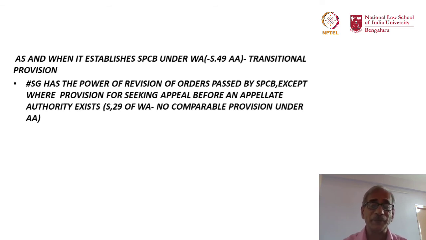We will see later as to what those circumstances are. But there are certain circumstances where the order passed by the State Pollution Control Board is appealable. And there is an appellate authority created there. So if there is a scope for appeal, the state government has no power of revising the order of State Pollution Control Board. The matter should go for resolution before the appellate authority.